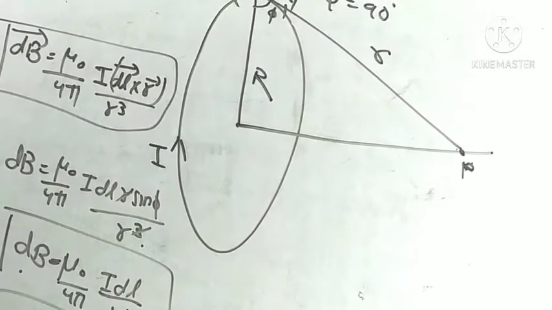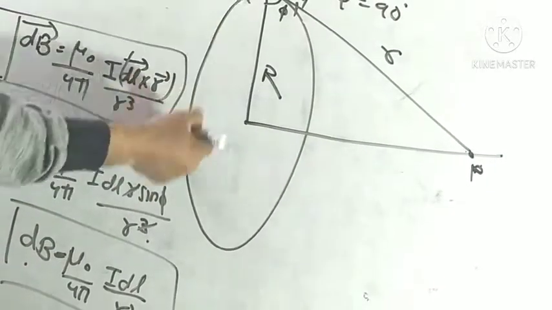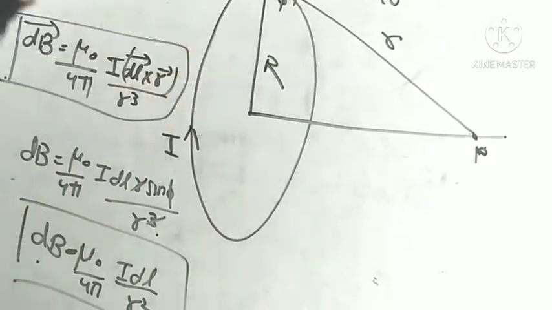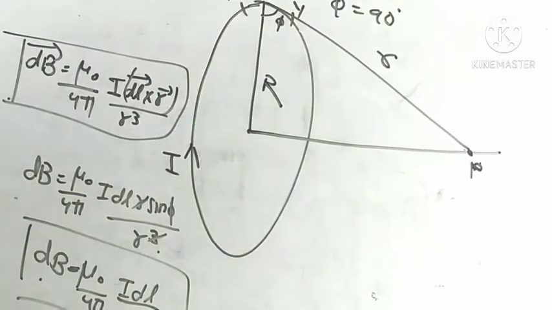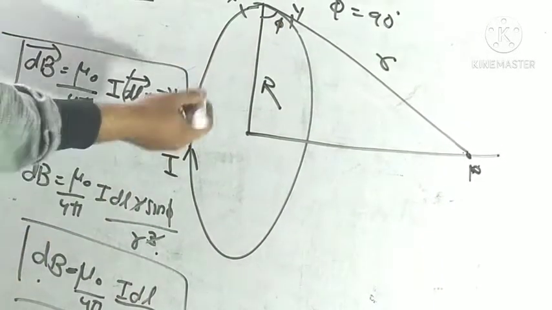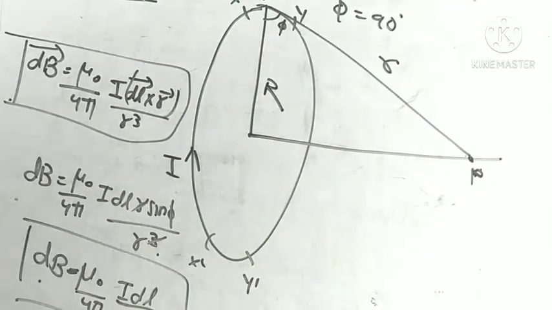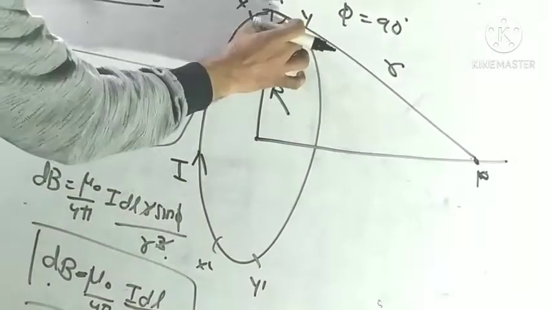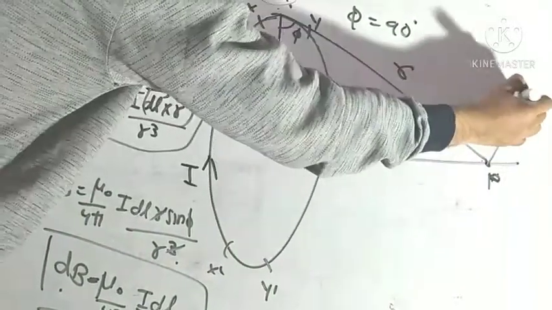As this coil is symmetrical about its axis, every element of length dl has another equal and opposite element on the circular loop. Its opposite element is X dash Y dash. Due to this small element, the magnetic field at point P is dB.